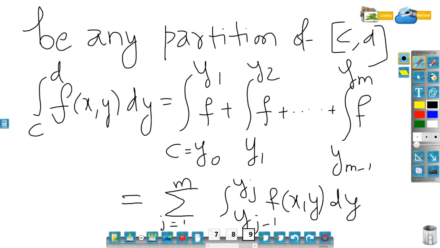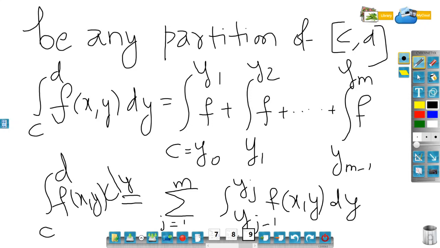If you expand this, you will get the above equations. You can easily check: when j is equal to 1, you get y0 to y1, plus when j is equal to 2, you get y1 to y2, and so on and so forth. So this is what my integration c to d of f of x comma y dy looks like.